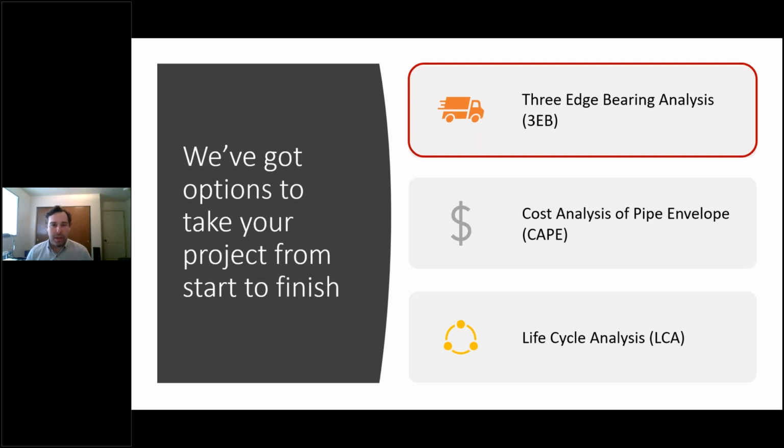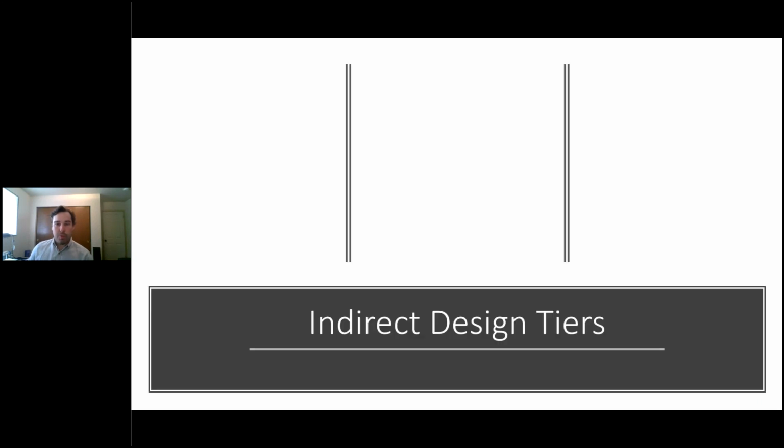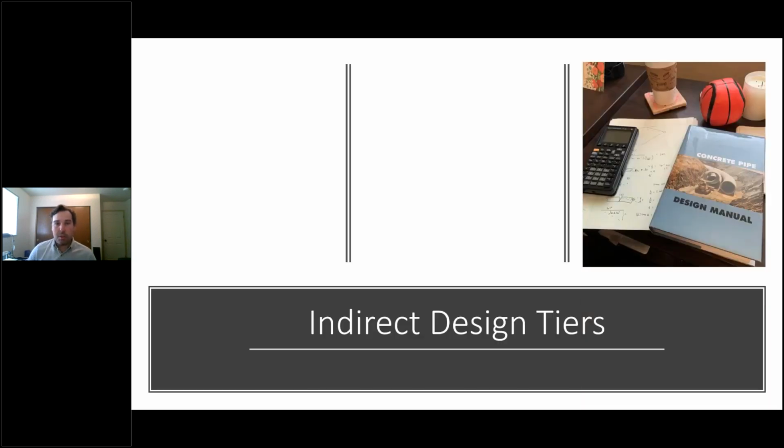Now, today, because we have limited time, we're just going to look at the three-edge bearing analysis option. The three-edge bearing analysis is based off the indirect design procedure for concrete pipe. If we were to look at the different indirect design tiers, you typically start with your hand calculations using our concrete pipe design manual.